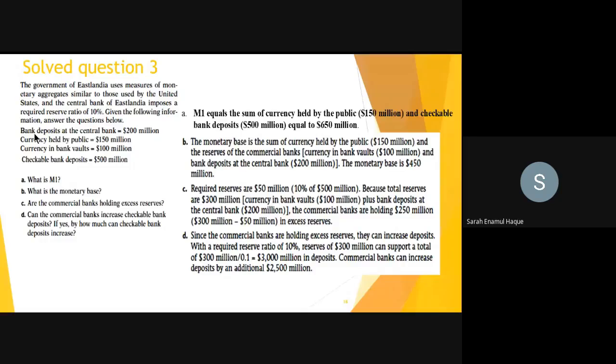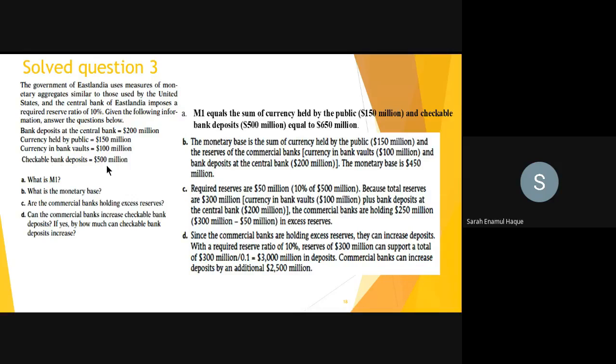Currently, the central bank is holding $200 million. Remember this $200 million has come from the commercial bank because the commercial bank has deposited money in the central bank. At the same time the bank also itself has $100 million with itself. However, the required reserves depend on the checkable bank deposit that the commercial bank has. In this example, the checkable bank deposit is $500 million, right?